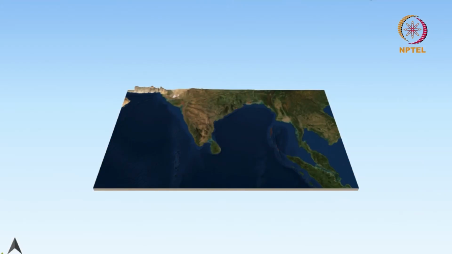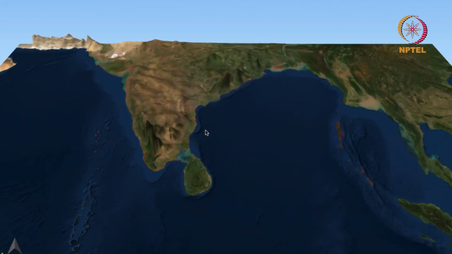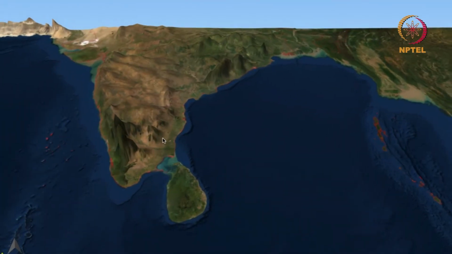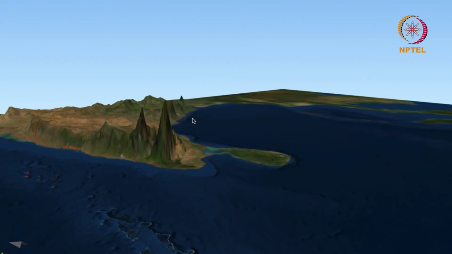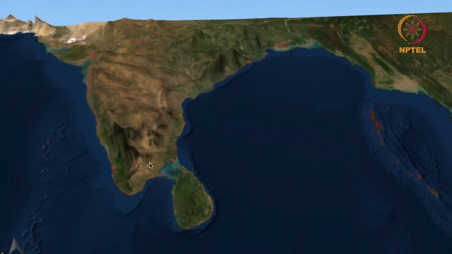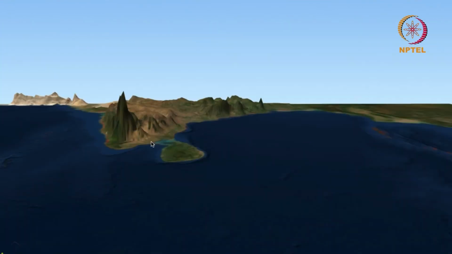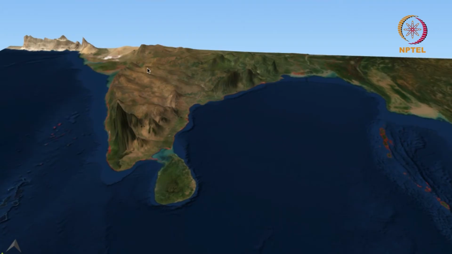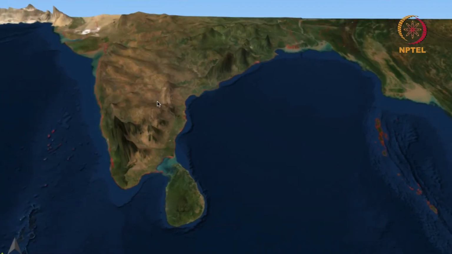So let us now look at this portion in more detail. Now in this case the Z magnification is 150 times so that we can easily spot the peaks. Now when we look at the peninsular plateau, the first thing that comes to mind is that we have certain high peaks and that the area is somewhat undulating. It is not a flat area.